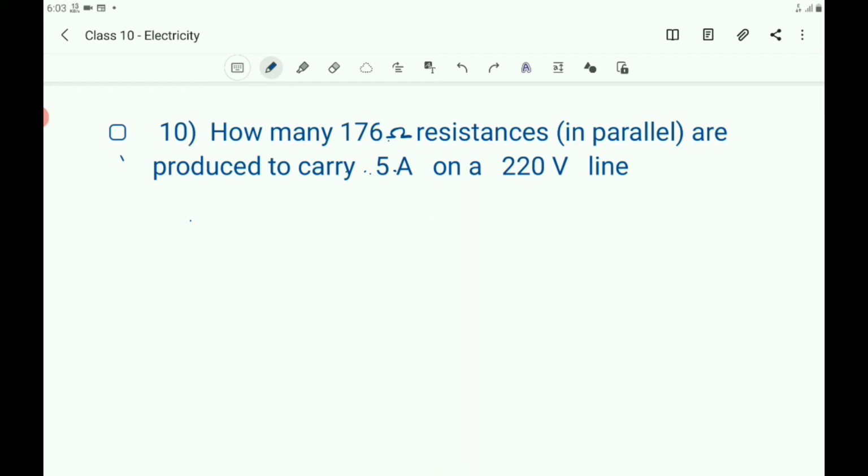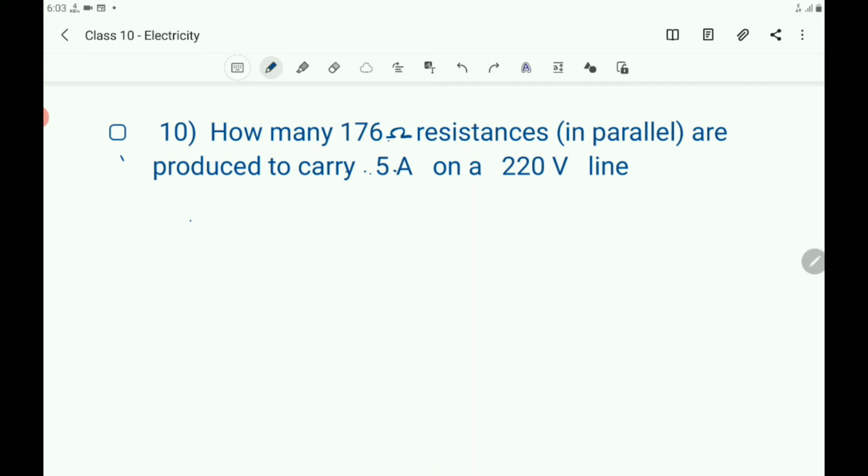Here the resistance of an individual resistor is given, that is 176 ohm, and the parallel connection must carry 5 amperes of current on a 220 volt line. So let us have n number of resistors.